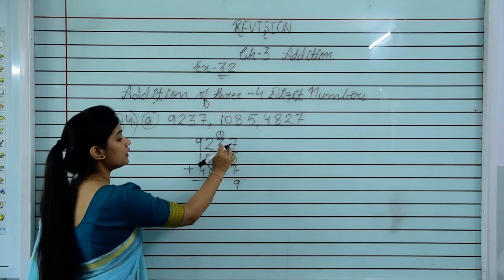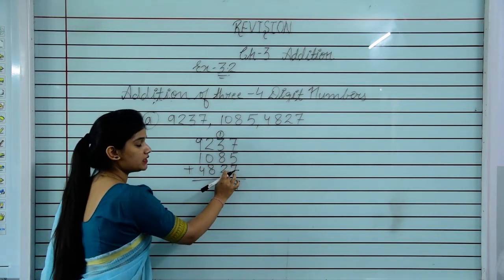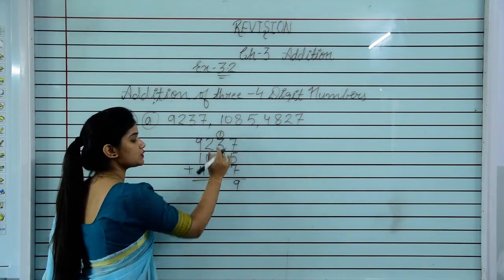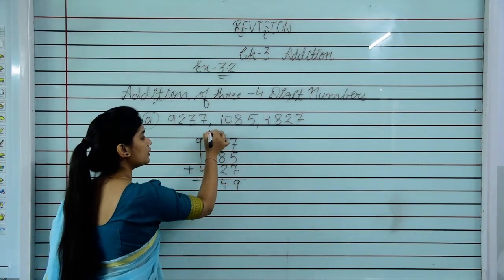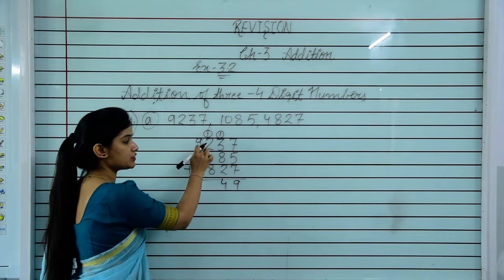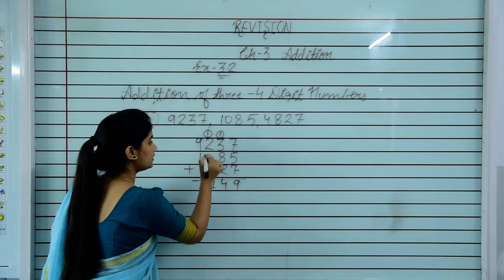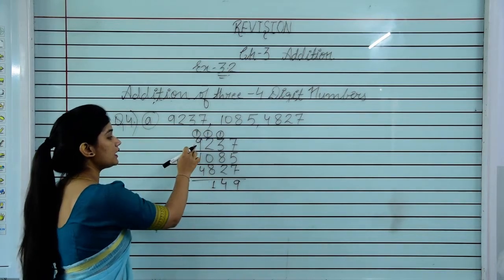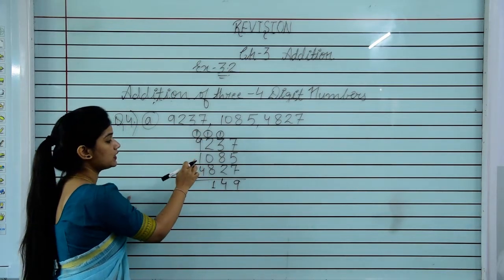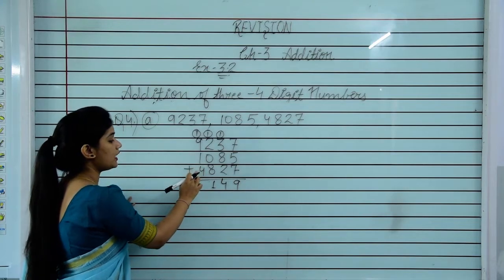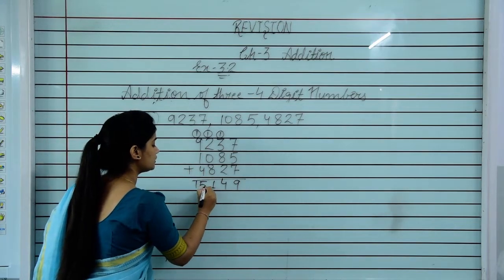Understood? Now 8 plus 2, 10, plus 3, 13, plus 1, 14, 4 and carry over 1. 8 plus 2, 10, plus 1, 11, carry over 1, then 9 plus 1, 10, plus 1, 11, and plus 4, 15.